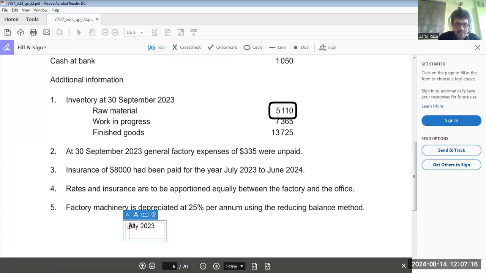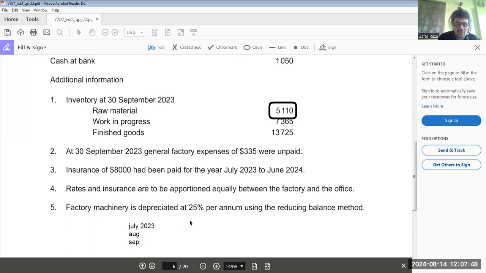Then we have August, September. 3 months. We are standing on 30th September. So out of that insurance of $8,000, we have consumed 3 months of insurance in this accounting year, and the remaining 9 months will be included in the next accounting period.